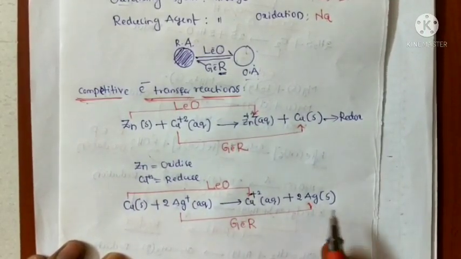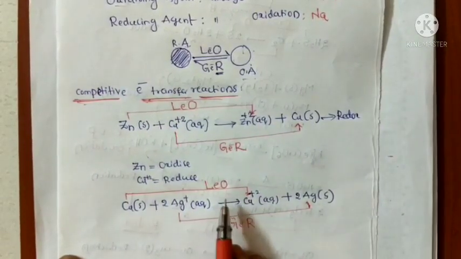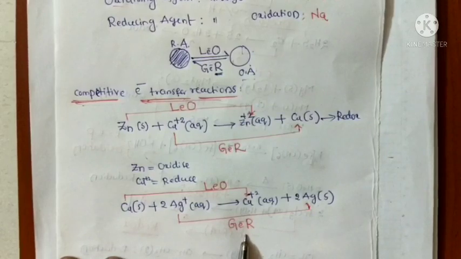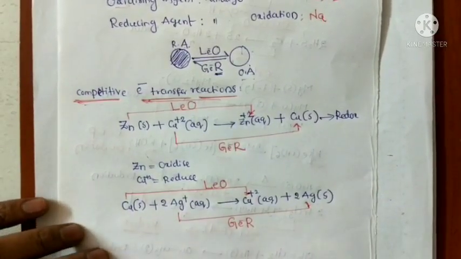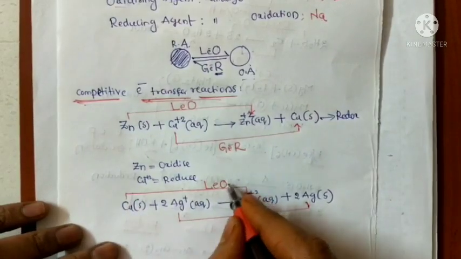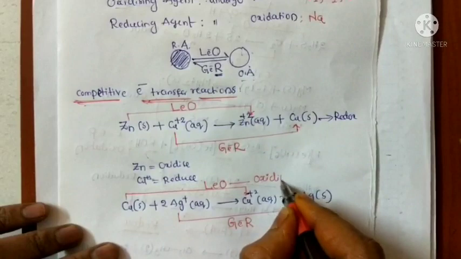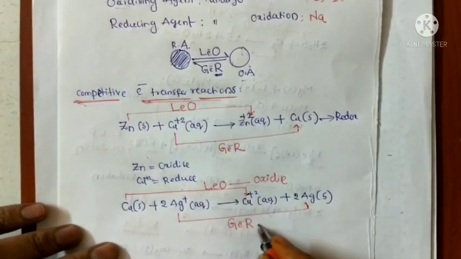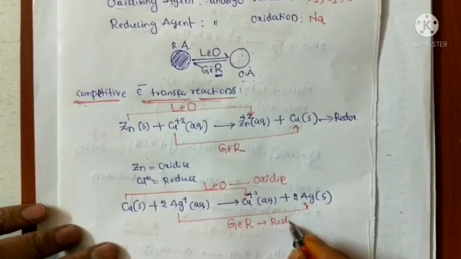Aqueous is converted into solid. Simultaneously oxidation and reduction take place, so it is also a redox reaction. Copper is oxidized and silver is reduced.